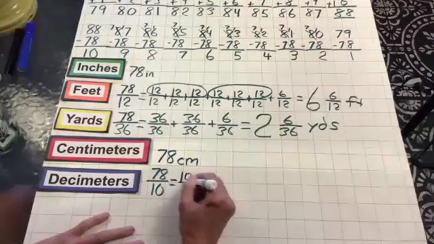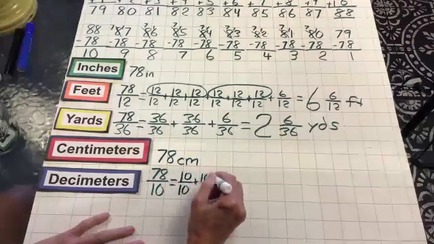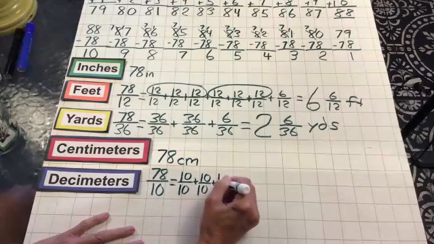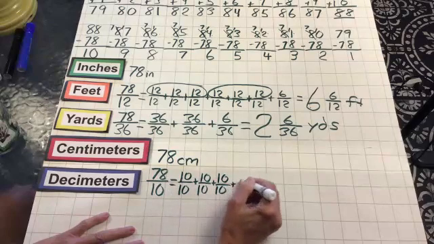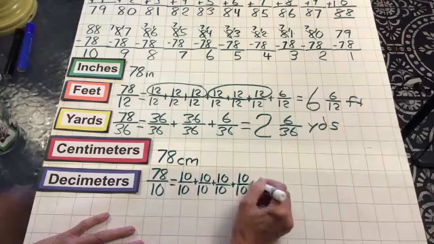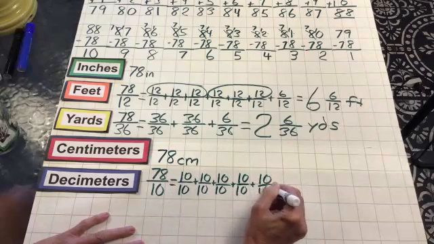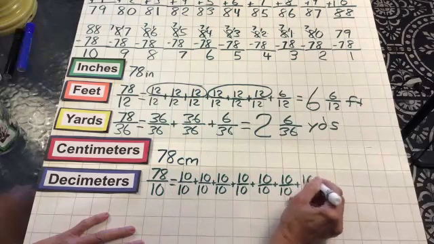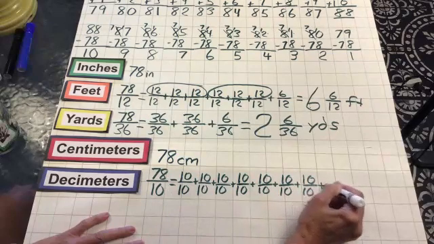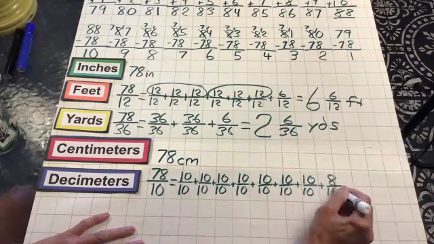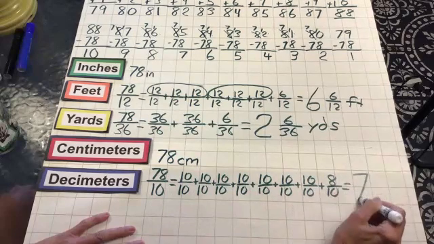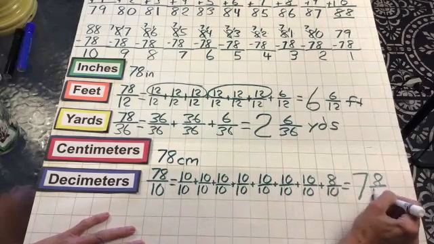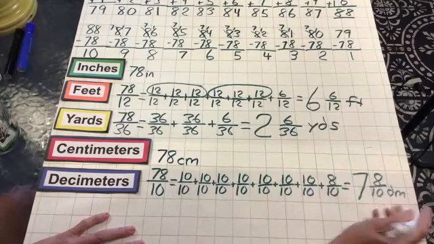So we're going to do 10, 20, 30, 40, 50, 60, 70, 8. So we have 7 whole and 8 tenths decimeters.